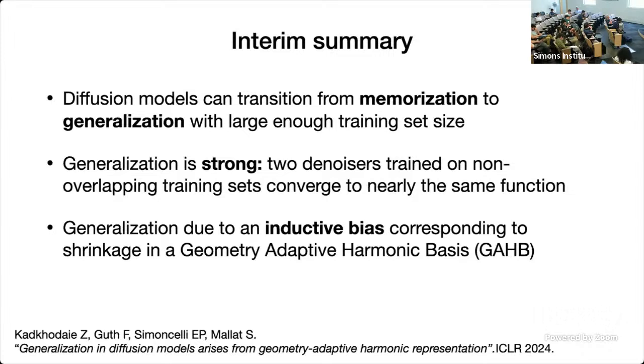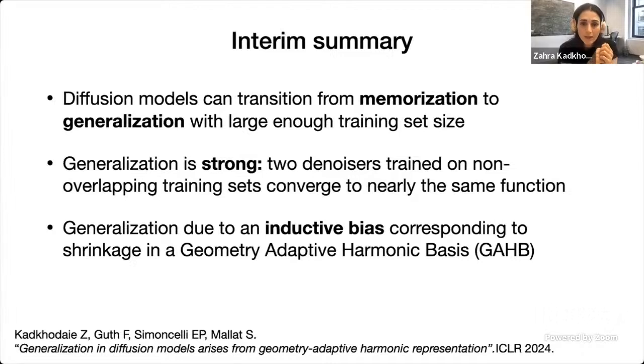Have you compared to other forms of operator adapted wavelets, beyond the inductive bias of the neural network, like operator adapted wavelets from the numerical homogenization community? I was not comparing with wavelet performance at all, because the performance of these denoisers is way higher than any wavelet that you use.